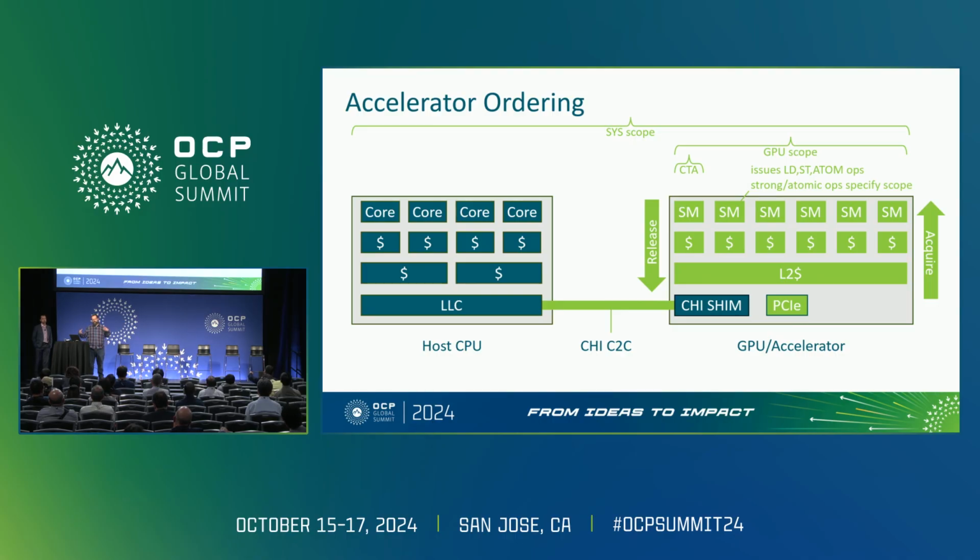Those have a wider scope of the entire GPU, and there's an even wider scope of synchronization, which is the entire system, which is back to the CPU. How all this works and is defined is in the Compute Unified Device Architecture model, or CUDA, and you can go look up all the details, but it's really unique to the GPU, and it's also one of the ways GPUs really get a lot of their performance and acceleration. That's really defined by the accelerator and the needs of whatever workload you're accelerating. So this is a GPU case, but you might have some other accelerator or something else that you're building that works very differently.